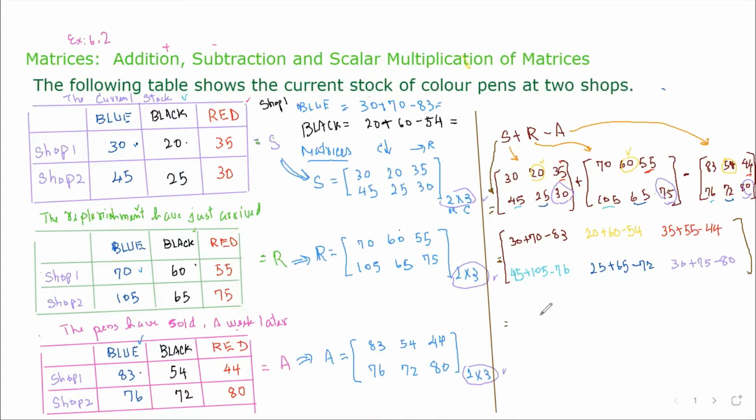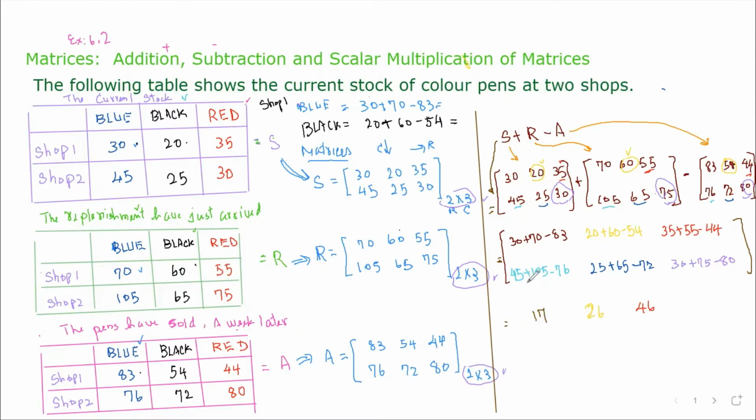So we have 17. And next one, the yellow color here, becomes what? 20, 60 become 80. 80 minus 54, right? So we left 26 for this one. And then the red color, 35 plus 55, right? And take out 44, left 46. Okay, and next one gonna be the blue color.